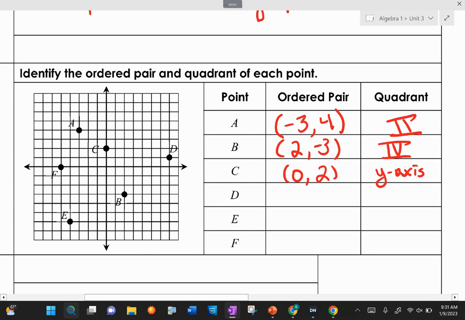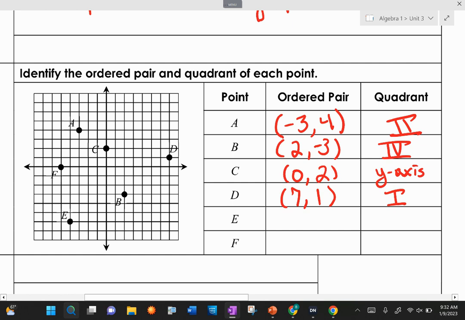Okay, we have letter D, which is going to be to the right 1, 2, 3, 4, 5, 6, 7, and up 1. Understanding these quadrants, guys, will help you get your signs right. Really focus on trying to learn quadrants 1, 2, 3, and 4, and the plus, plus, minus, plus, minus, minus, and plus, minus. It'll help, I promise.